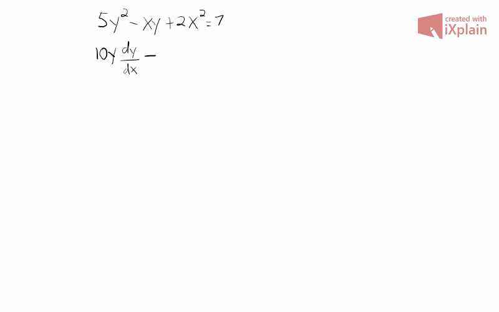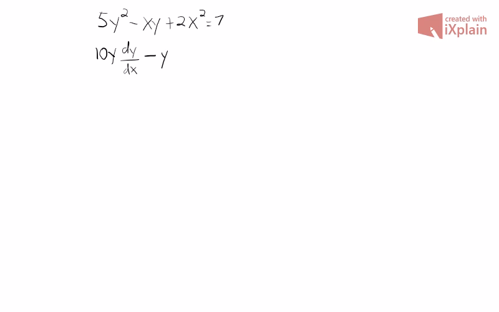Okay, minus x times y. Here we need to use the product rule. So for the product rule, we can take the derivative of the first term, derivative of x is 1, and multiply that by y. So 1y, or of course we could just call that y.